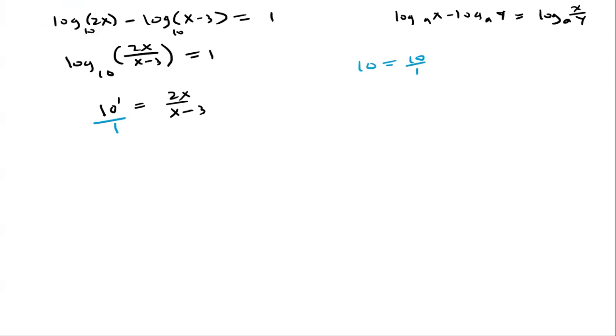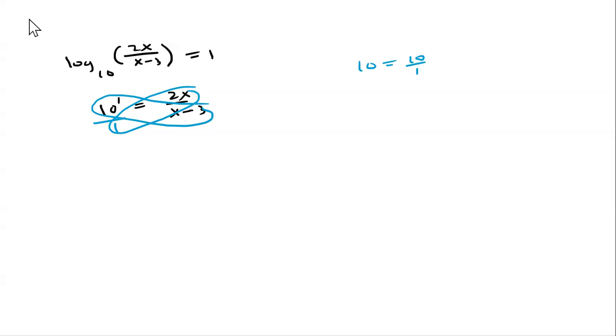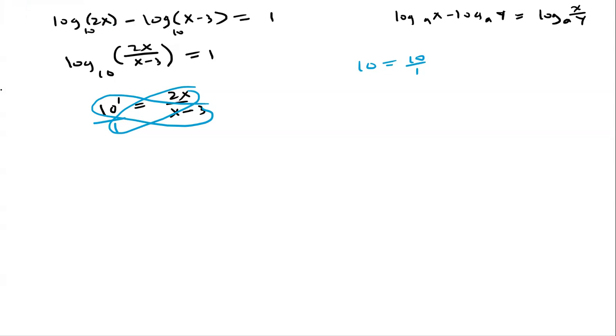Then after that, we can just cross multiply. That's probably the easiest way to do it. So we have 10 times x minus 3, and then 1 times 2x. When we distribute this, we get 10x minus 30 equals 2x.